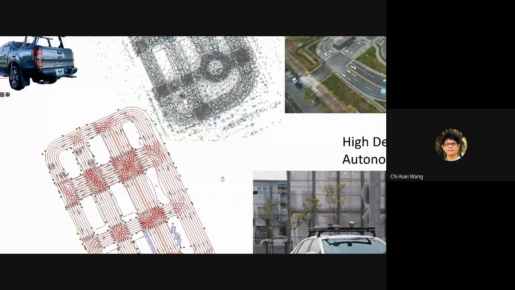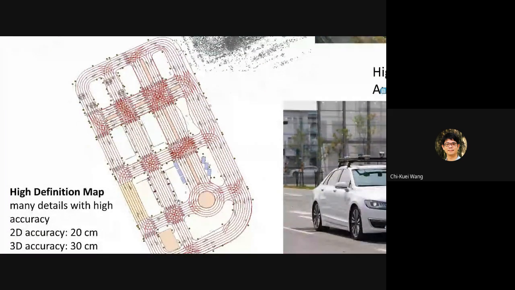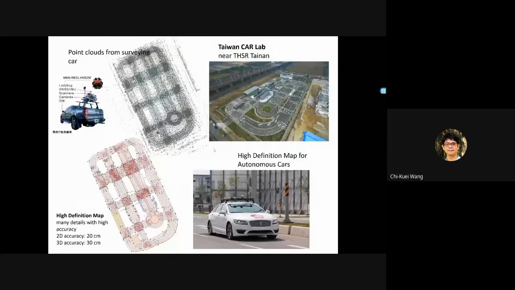That means we want the information of all the lanes, all the parkings, all the light poles, all the traffic lights, all the signs, everything being mapped. For this, we use mobile laser scanner to measure.